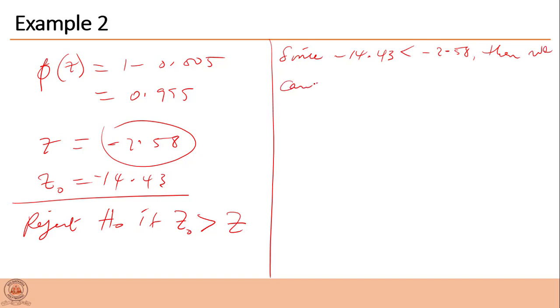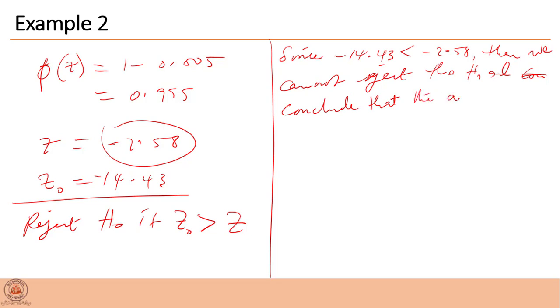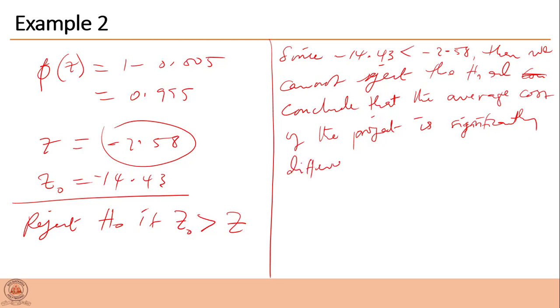we cannot reject the null hypothesis and conclude that the average cost of the project is significantly different from 3,500 Ghana cedis at 1% level of significance.